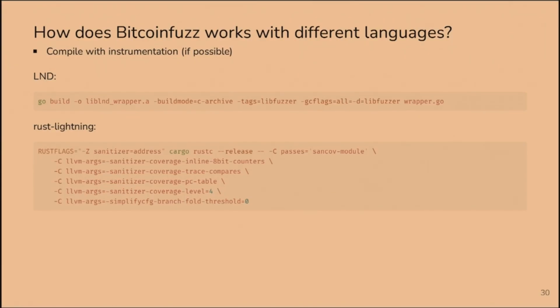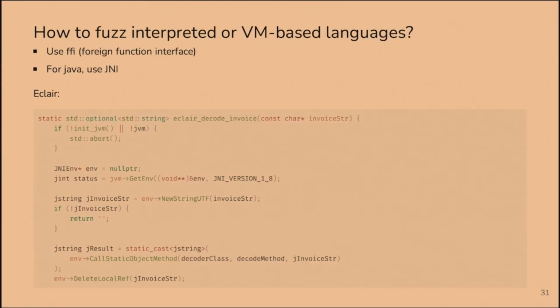This is an example of compiling LND with coverage instrumentation in Go, and the other one is in Rust, also compiled with coverage instrumentation. We also have to work with interpreted or VM-based language tools, which basically can't be compiled with coverage instrumentation because they aren't compiled languages.